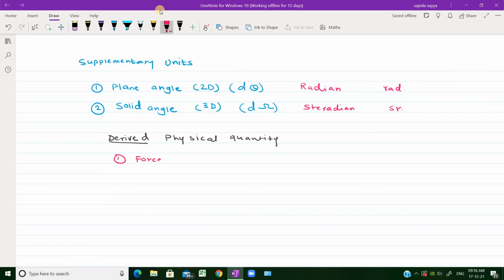Force, its SI unit is Newton. Acceleration, its SI unit is meter per second square. Velocity, it is meter per second.